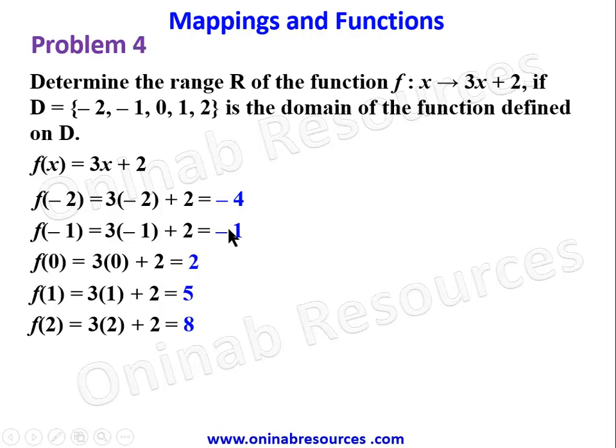So we've gotten all the elements in the range of the function, so that we'll now have the range equal to the set {-4, -1, 2, 5, 8}. So that is the end of solution to problem 4.